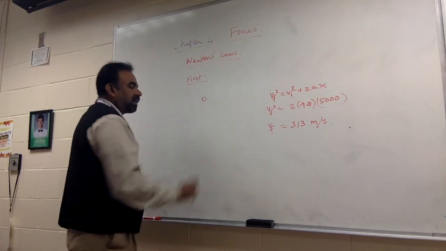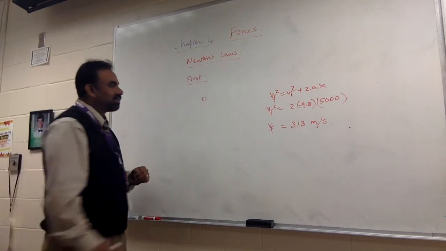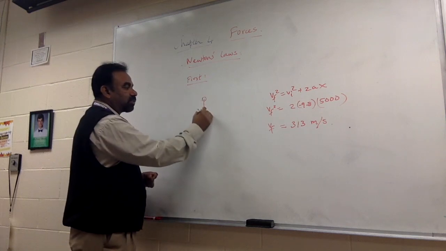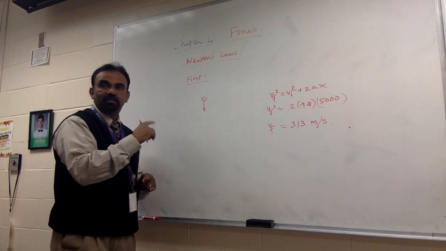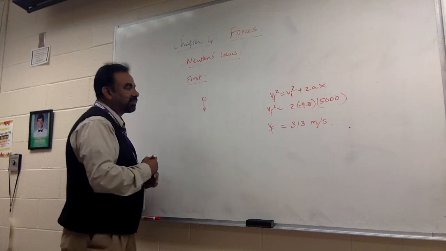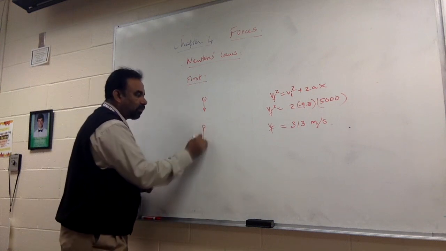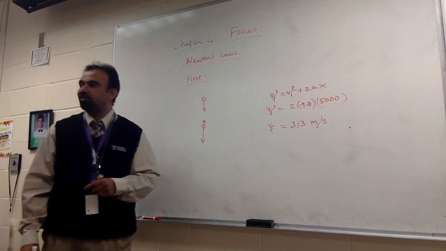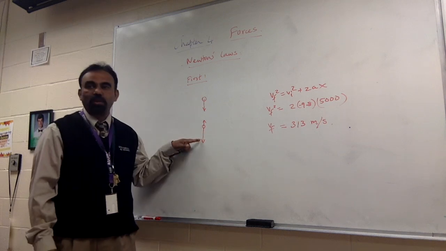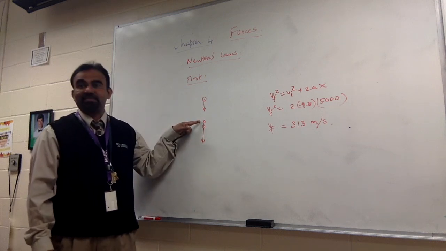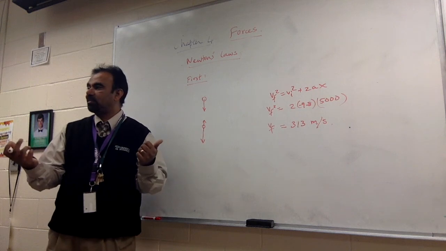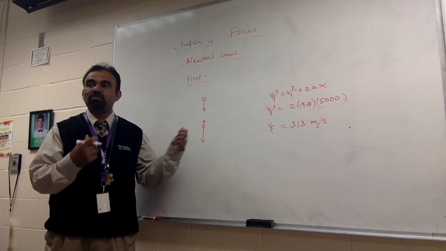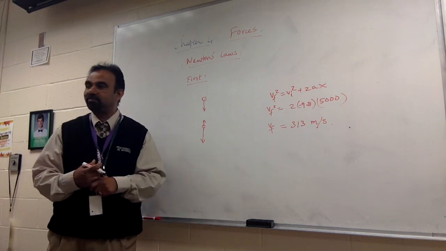So when the raindrop is right at the top, just created, its acceleration is 9.8 because there's only one force acting on it, which is weight. But after some time, what happens? The weight is still acting on it, but there's a friction force building up. So the weight minus this is the net force, and the acceleration with which it's going to move is reduced.